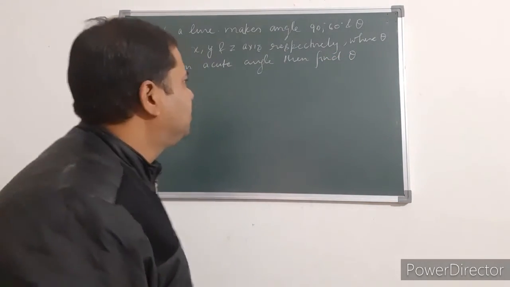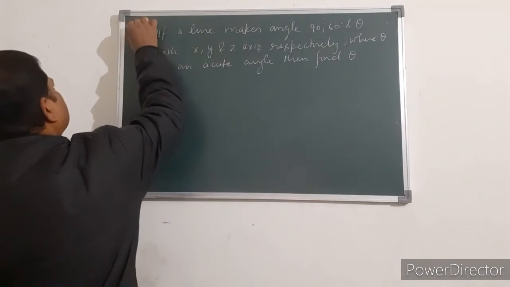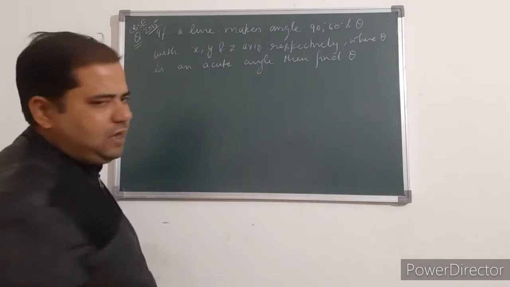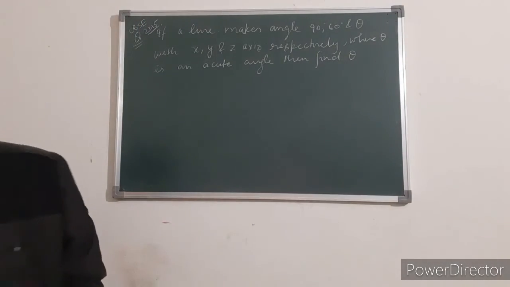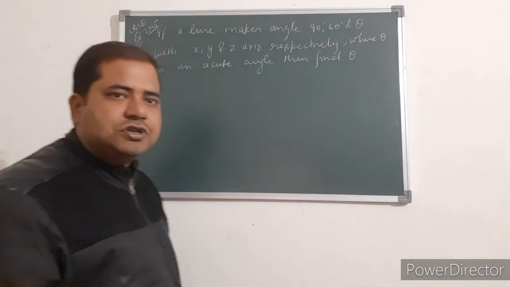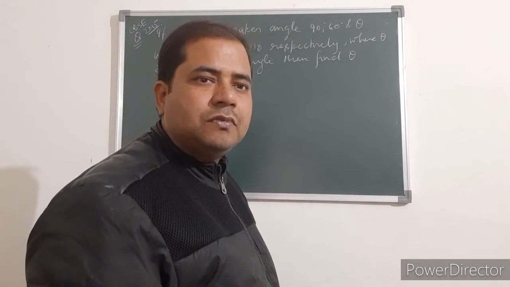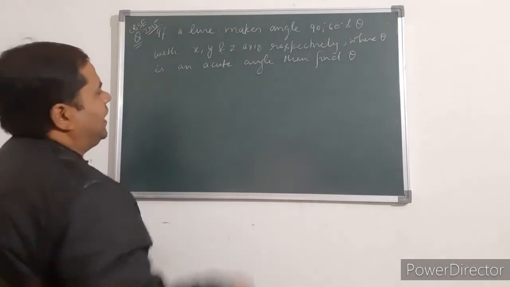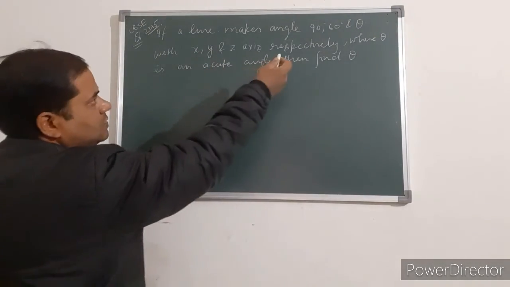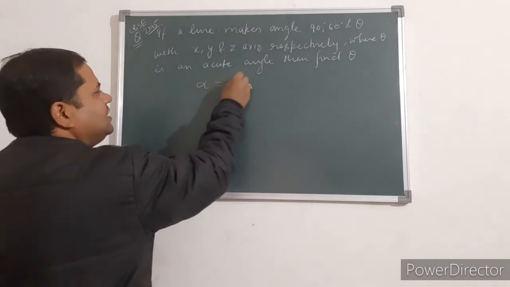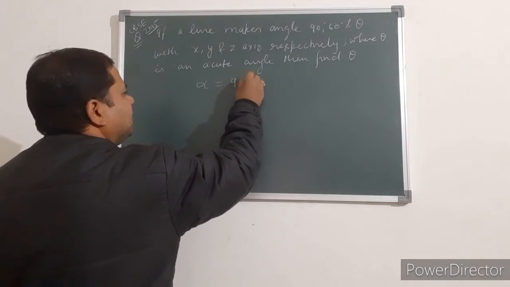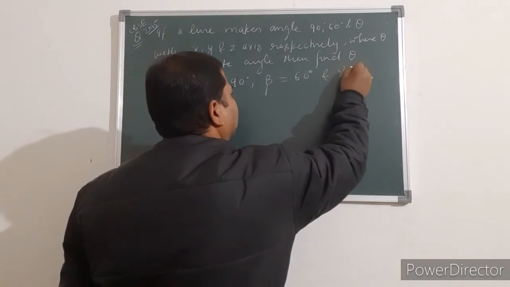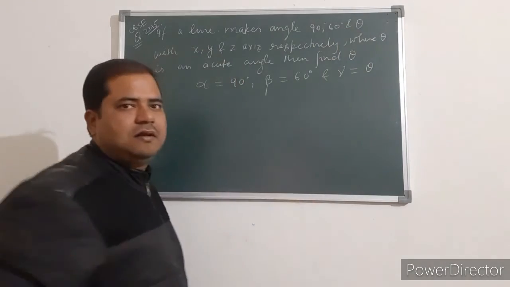This was asked in CBSE 2015 also. In this question, suppose alpha is 90 degrees, beta is 60 degrees and gamma is theta.